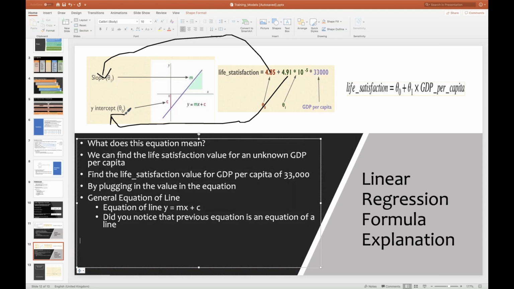The first, theta 0, is the y-intercept, and the second, theta 1, is the slope. Now you need to understand what is slope and what is y-intercept.